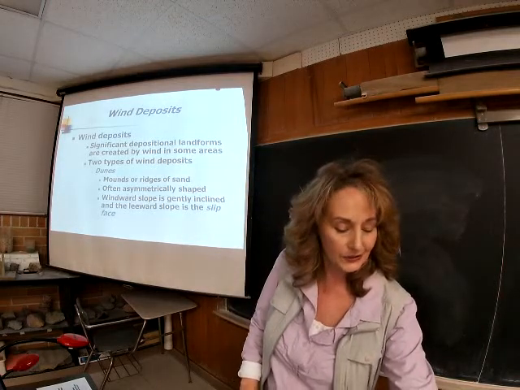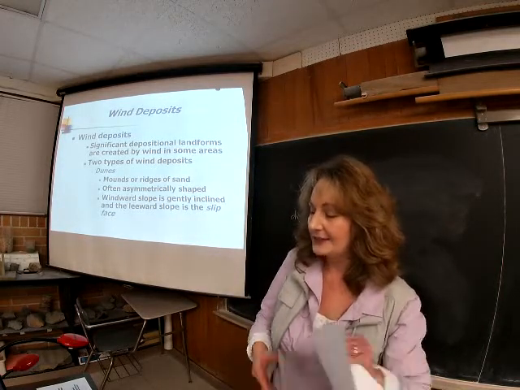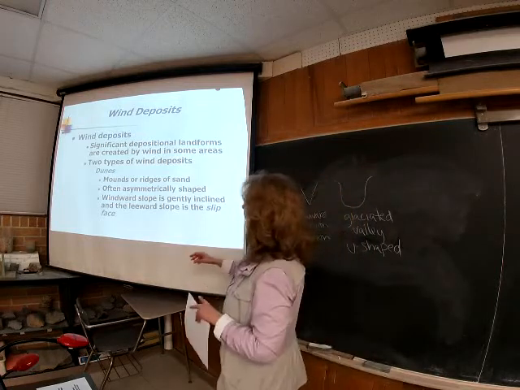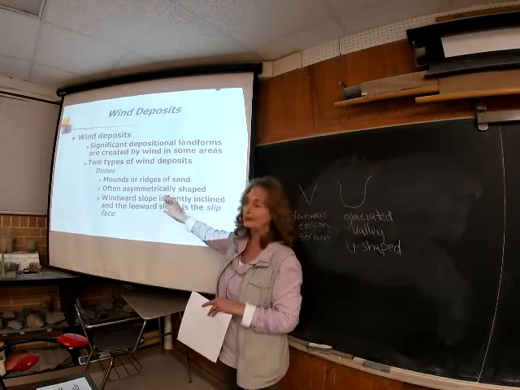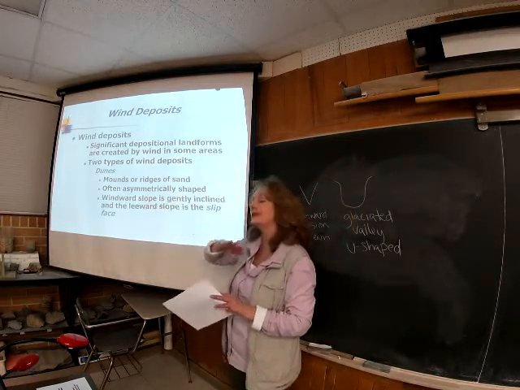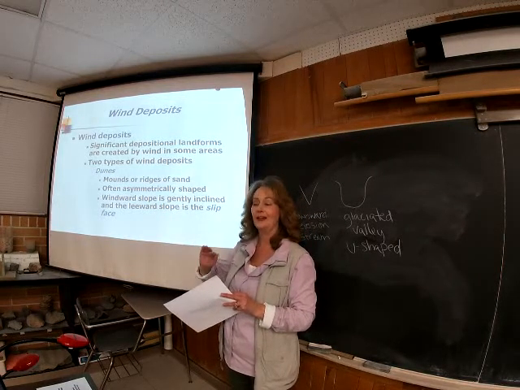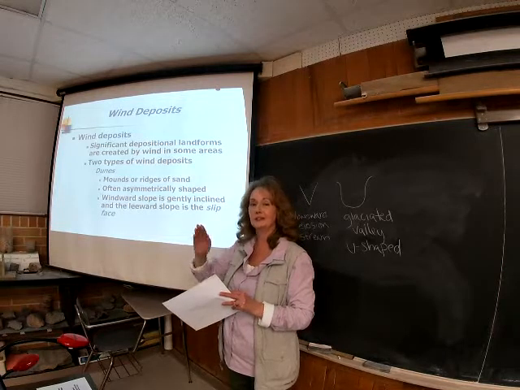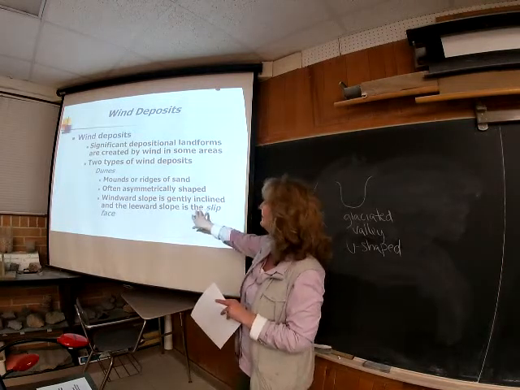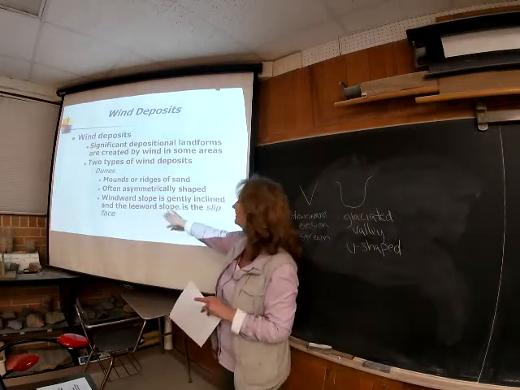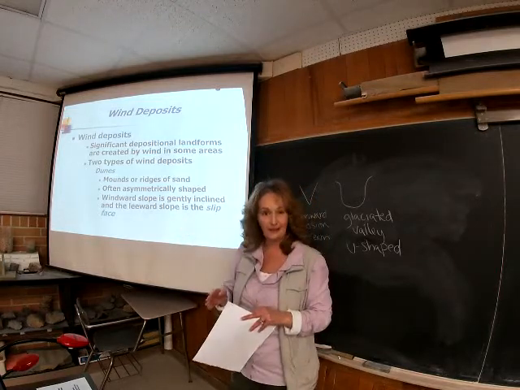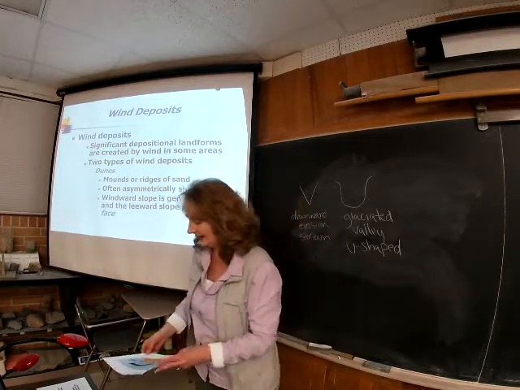I think I got a picture of some terminology here. But asymmetrically shaped: the windward slope is gently inclined, right? And then you get a drop off. The air velocity changes and you get a drop off. And so on the leeward side, the slope is called the slip face. It's a little steeper slope there.